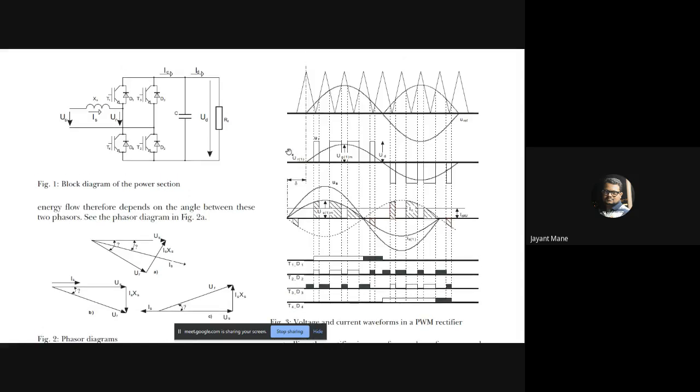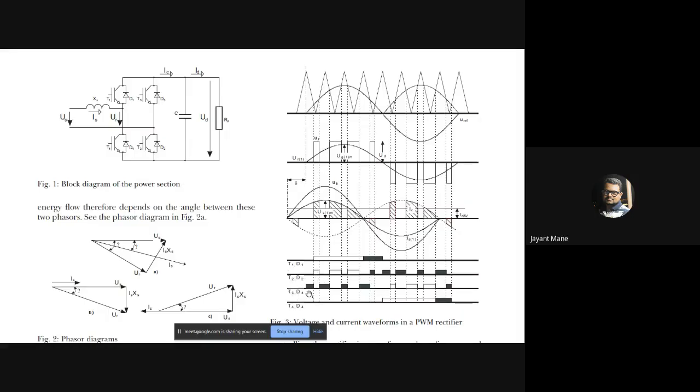Okay. So we'll see now how the gate signals are generated for T1, T2, T3, T4. You can see here the gate signals. The waveform is shown for T1 D1. The filled part of the waveform is D1, and the empty part is the conduction of T1.